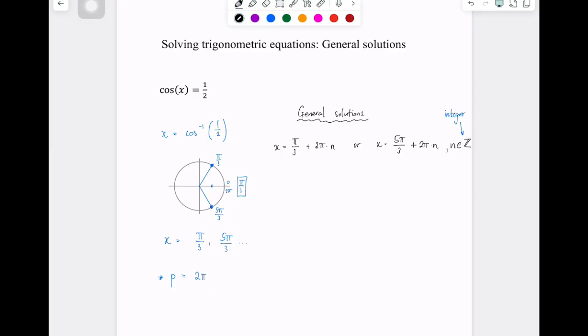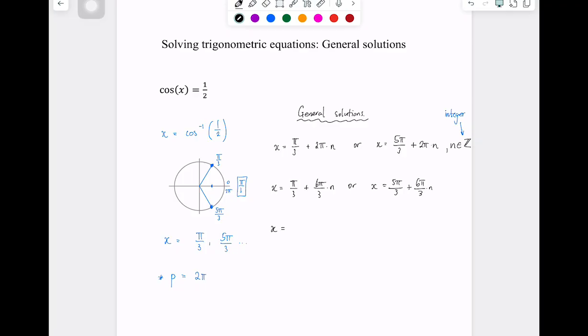Now, just to make this look a bit cleaner, I'm going to simplify this so that when we substitute numbers into n, it will come out a lot easier and we don't have to do too many mental calculations. 2 pi is the same as 6 pi on 3. So we have pi on 3 plus 6 pi on 3 n, or 5 pi on 3 plus 6 pi on 3 n.